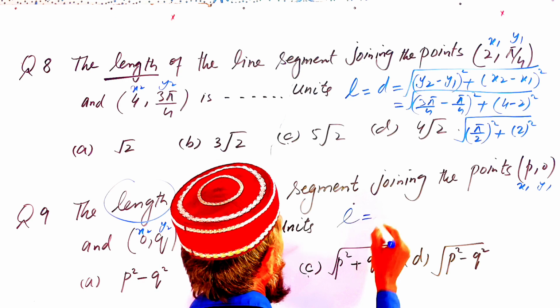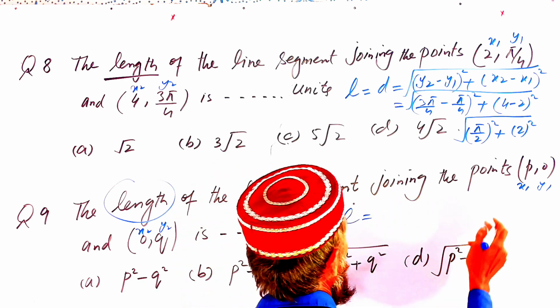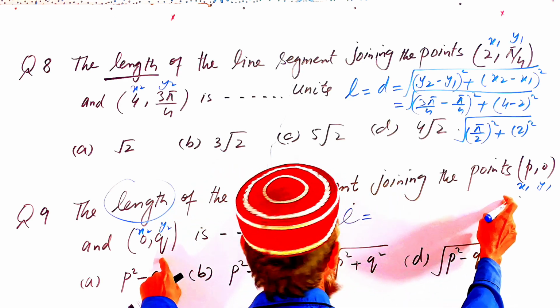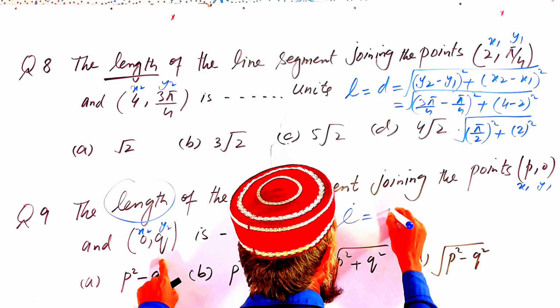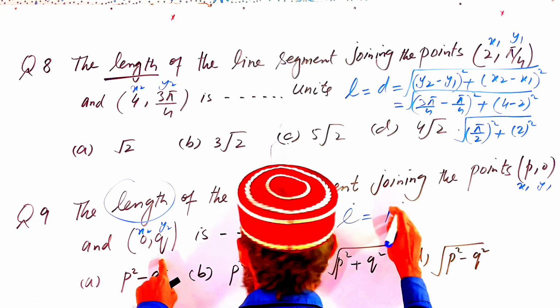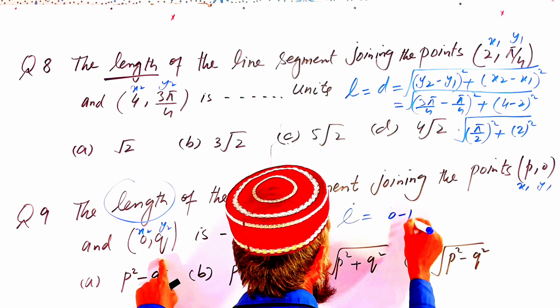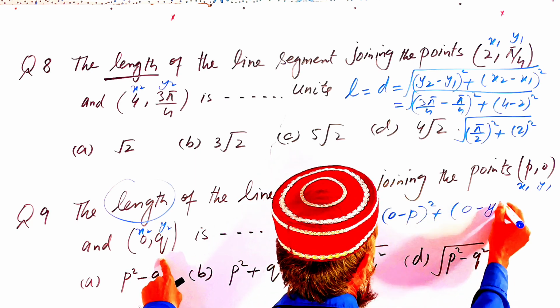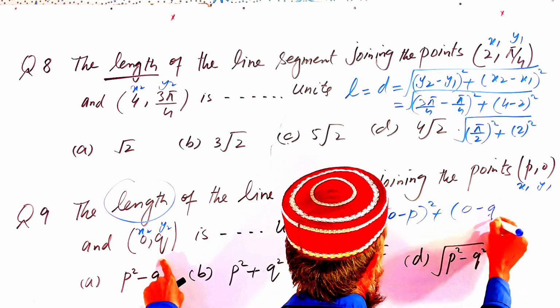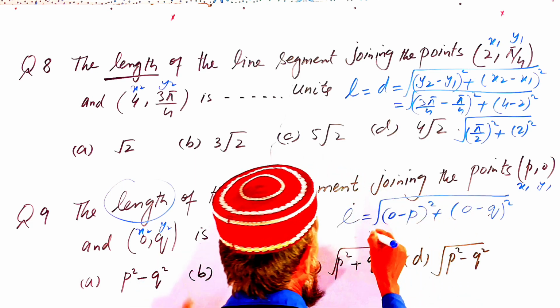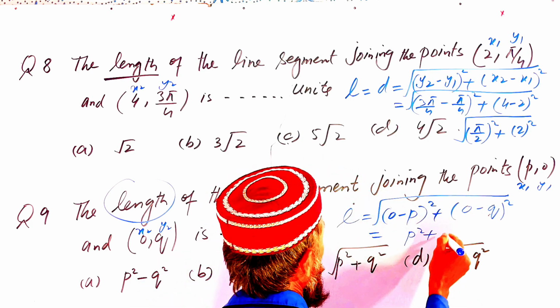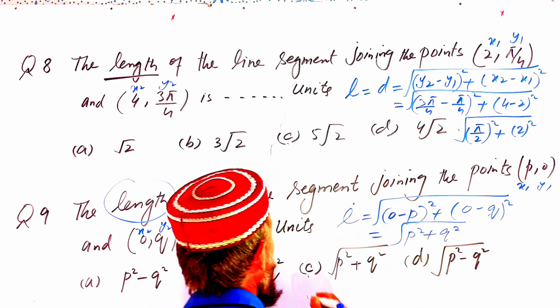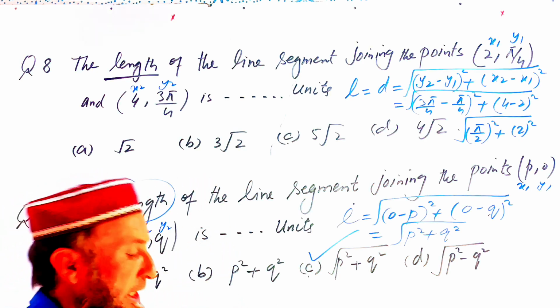So length is equal to the square root of (x2 minus x1), here (0 minus p) whole square, plus (0 minus q) whole square. If we expand, we get the square root of p square plus q square. Option C is the correct option here.